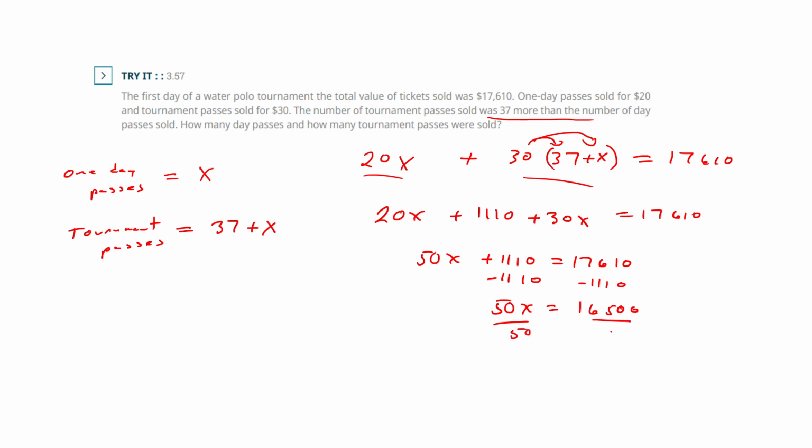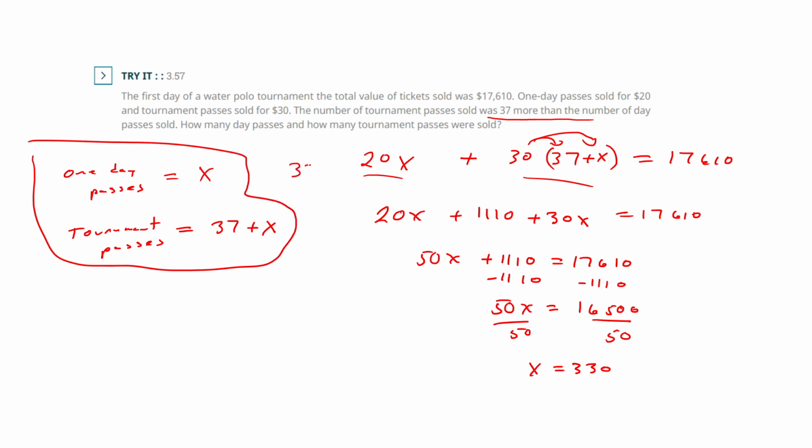Divide both sides by 50. So I have 330 1 day passes, and I know the tournament passes are 37 more than that. So there must have been 367.